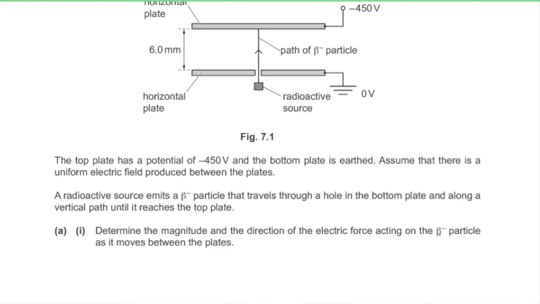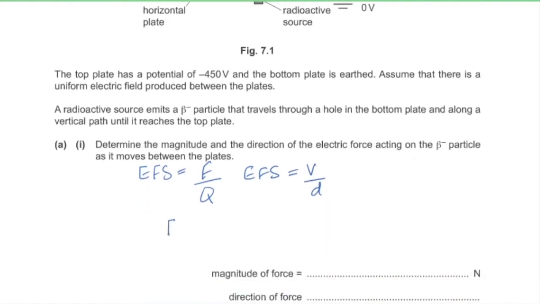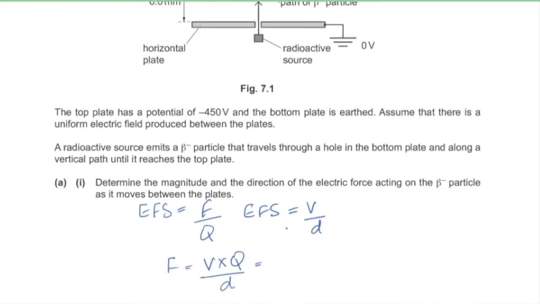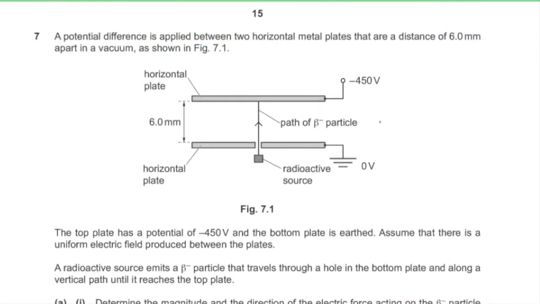Part A1. Determine the magnitude and the direction of the electric force acting on the beta negative particle as it moves between the plates. So electric field strength is equal to force divided by charge. Electric field strength is also equal to voltage divided by the distance between the plates. So force is equal to voltage times charge divided by the distance between the plates, where voltage in our question is 450 volts, the difference between these two values.